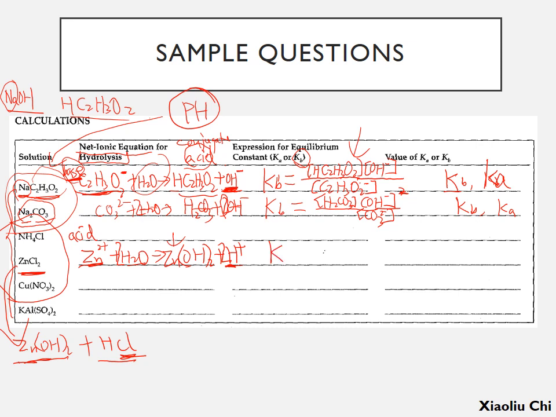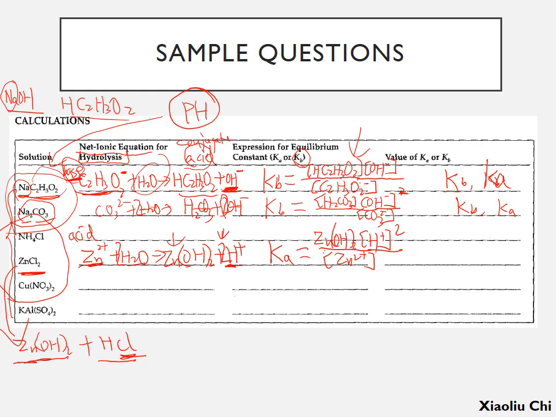So when you write the equilibrium, this is called Ka, acid constant. And again, you write the product zinc hydroxide and proton concentration, but squared. You have 2 here, so you need to square it and then divide by zinc cation.